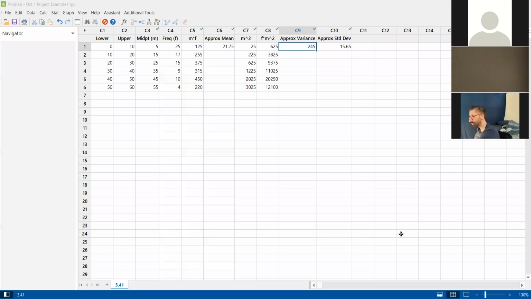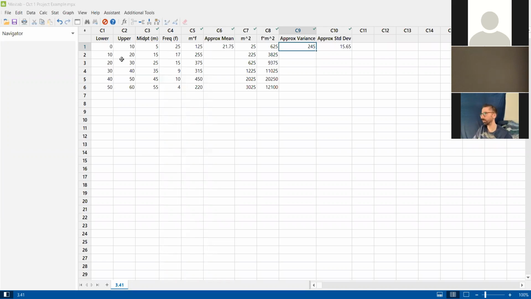I did this in Minitab. And what you can see here is I created the lower and the upper boundaries for each class.